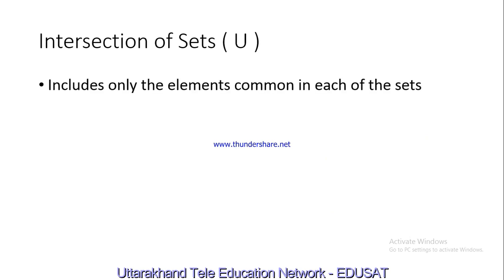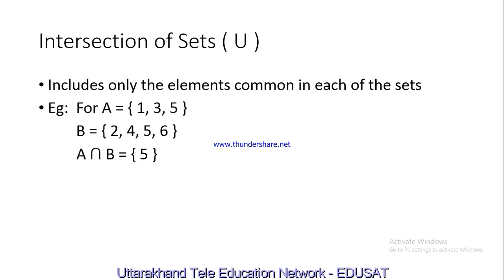Intersection includes only those elements which are common in each of the sets. So if you are trying to find out the intersection of two sets, if there is one element which is common, or maybe more than one element which are common to both the sets, they will be basically representing the intersection of the two sets. Let's take an example. For example, A has got three elements. Again, we are continuing with the same example. We are using the same values to discuss the various concepts.